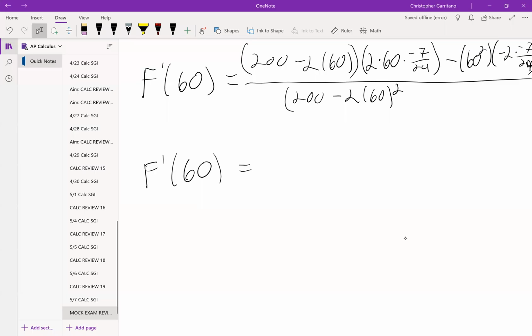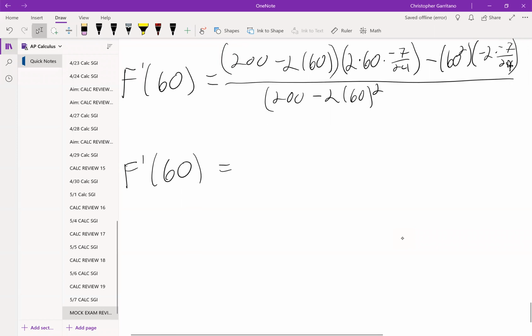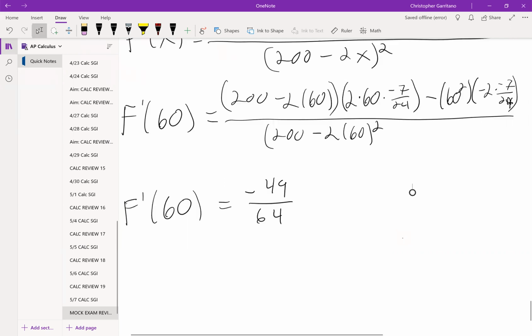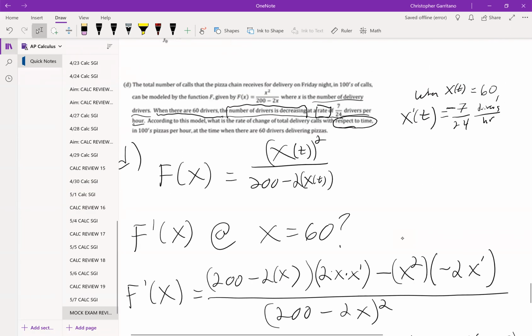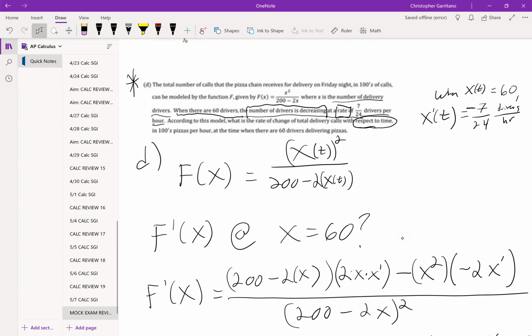All right, I'm going to take a moment and calculate this number. Welcome back. Simplifying, you should get negative 49 over 64. Of course, let's add the appropriate units. F is total delivery calls, so hundreds of pizzas per hour.